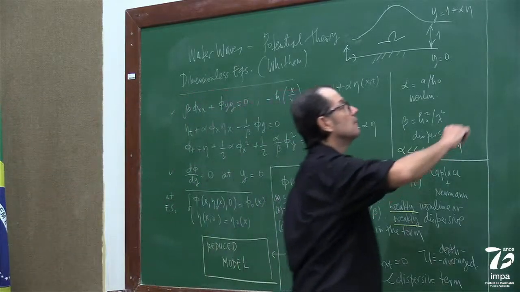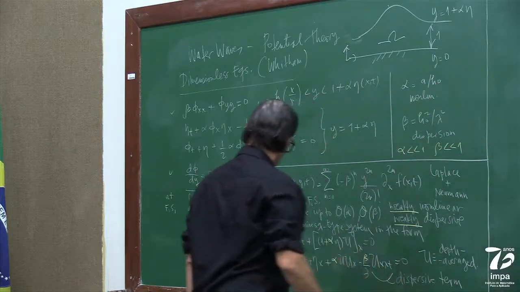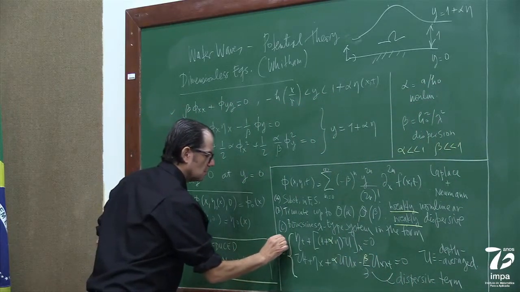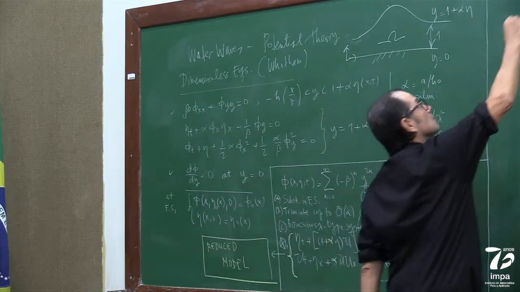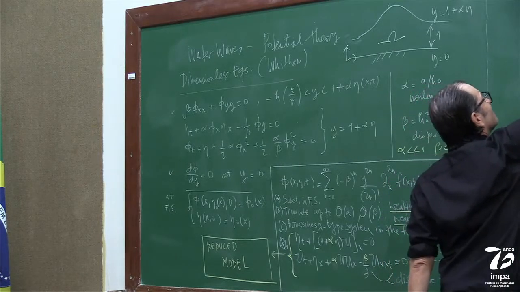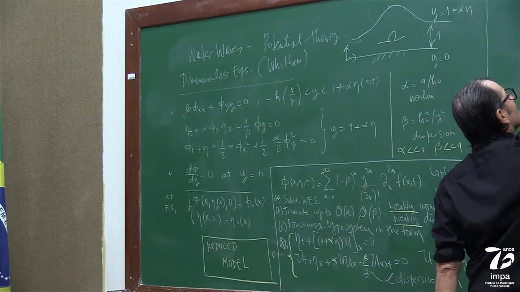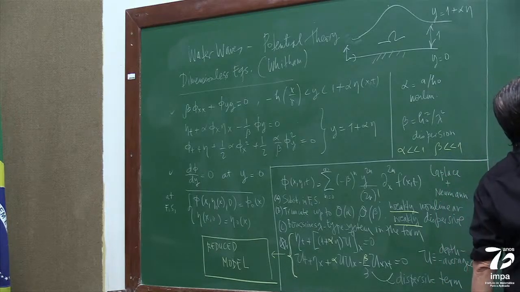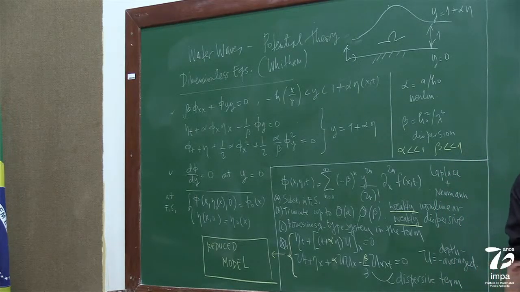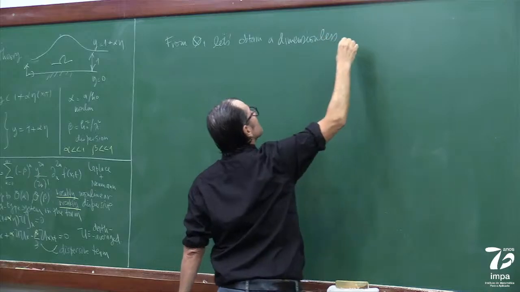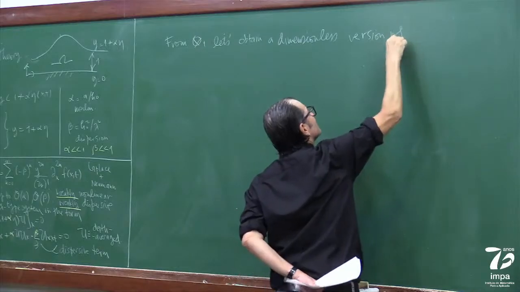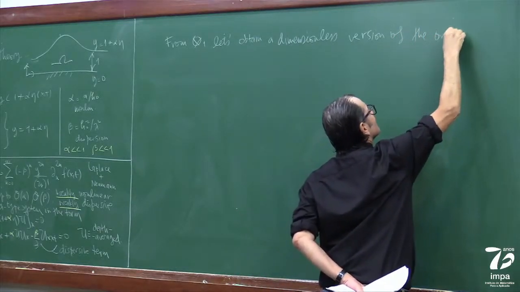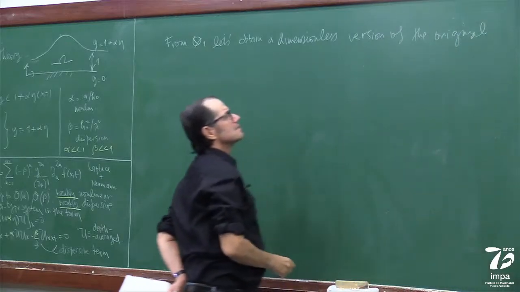Now let me call this equation 1. From 1, let's obtain a dimensionless version of the original Boussinesq system.